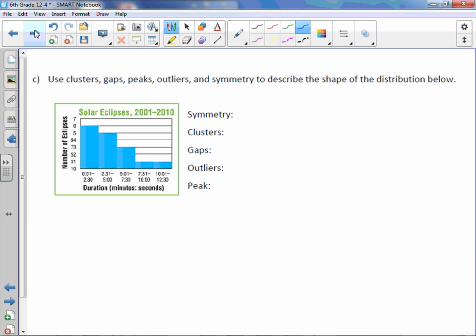Use clusters, gaps, peaks, outliers, and symmetry to describe the shape of the distribution below. If I were to draw a vertical line anywhere on here, it would not be the same on either side. So this is not symmetric. Cluster.